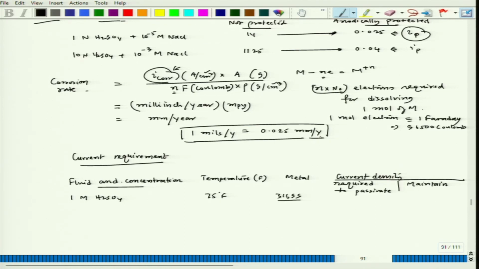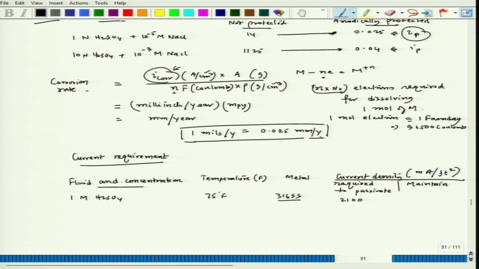So, that means it contains molybdenum along with chromium and nickel. To passivate, we need around 2100, and here the current density is mentioned in terms of milliampere per feet square. Okay, you can convert in terms of microampere per meter square or ampere per centimeter square.